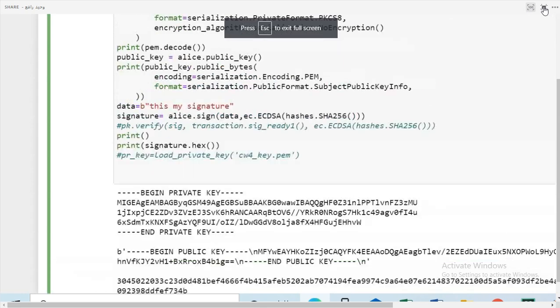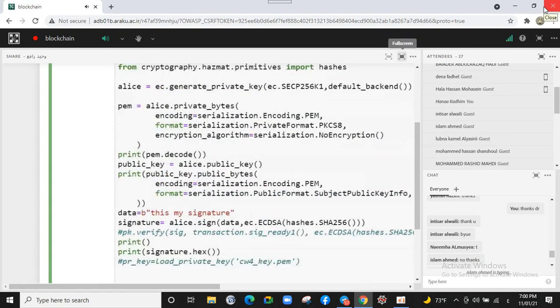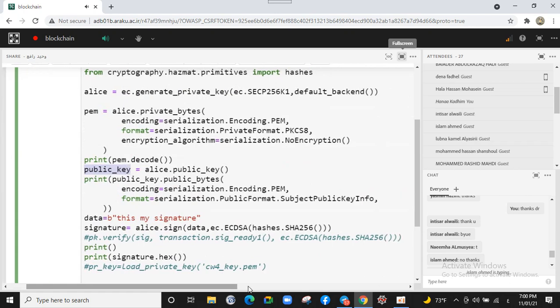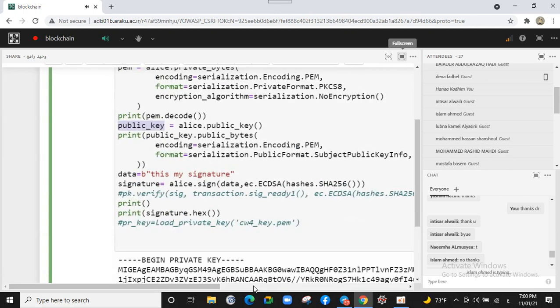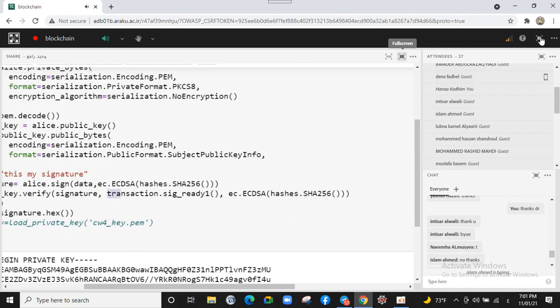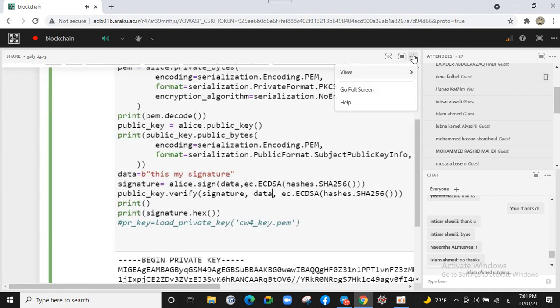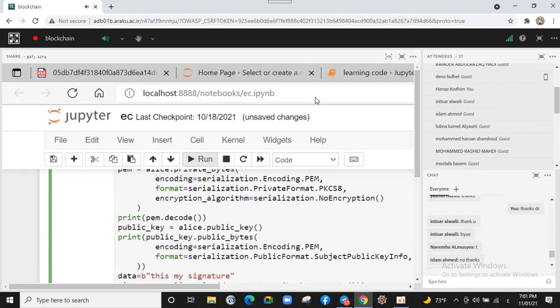Now to verify this digital signature, using the public key association, PK public key verify, signature and data, I can check it.